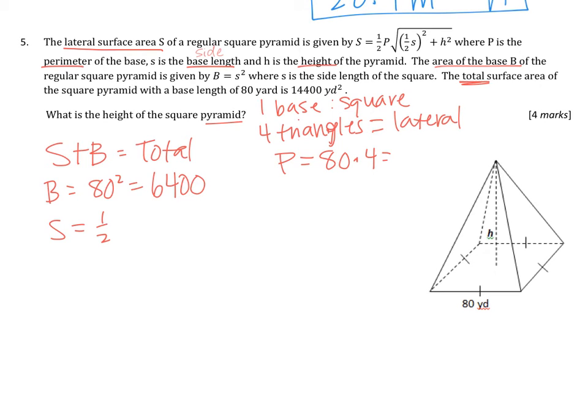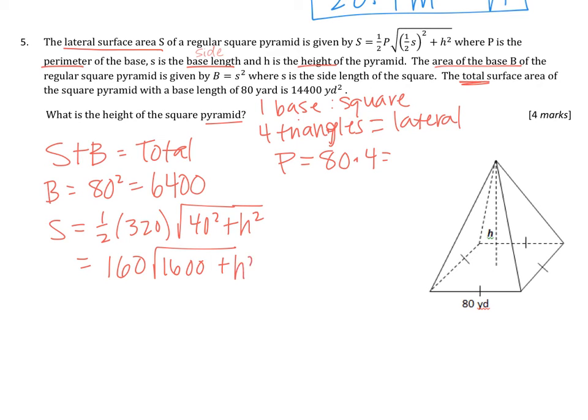So that's 320. And then we've got this big square root. 1/2 of the side is 40 plus h squared. So h is what we don't know. H is what we're trying to find. So let's clean this up a little bit. So 1/2 of 320 is 160. And then in here, 40 squared is 1,600 plus h squared.